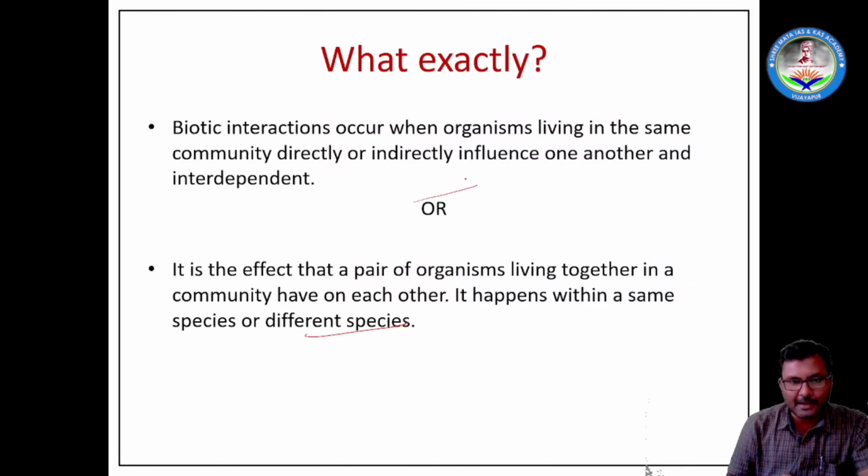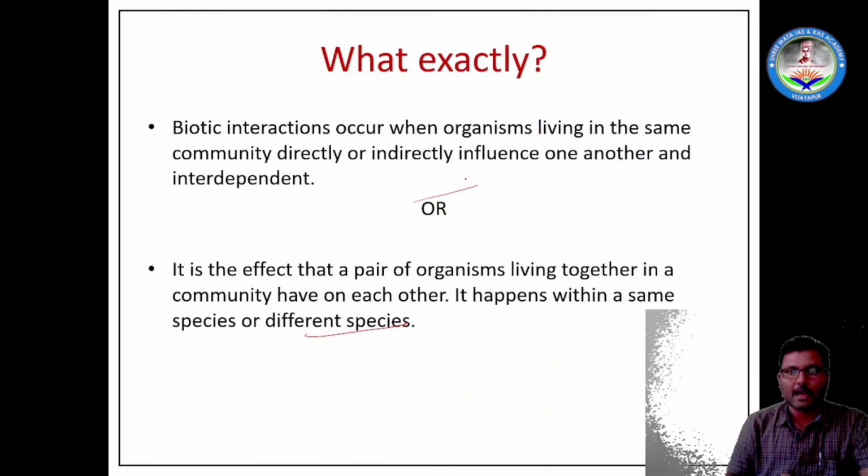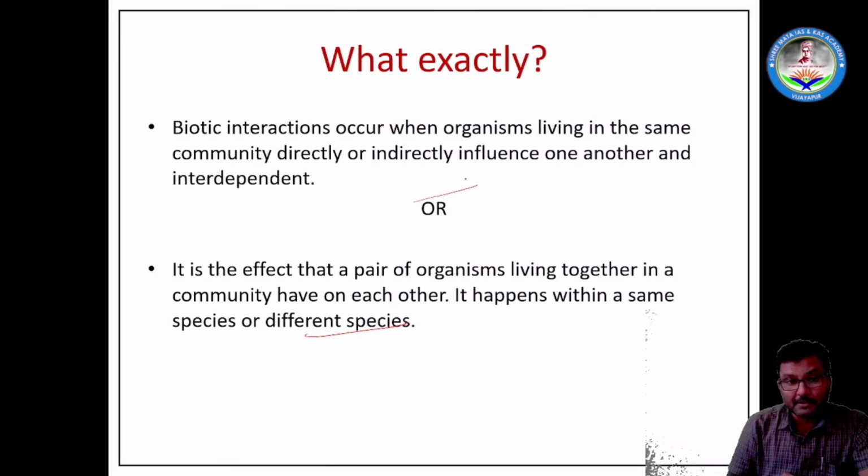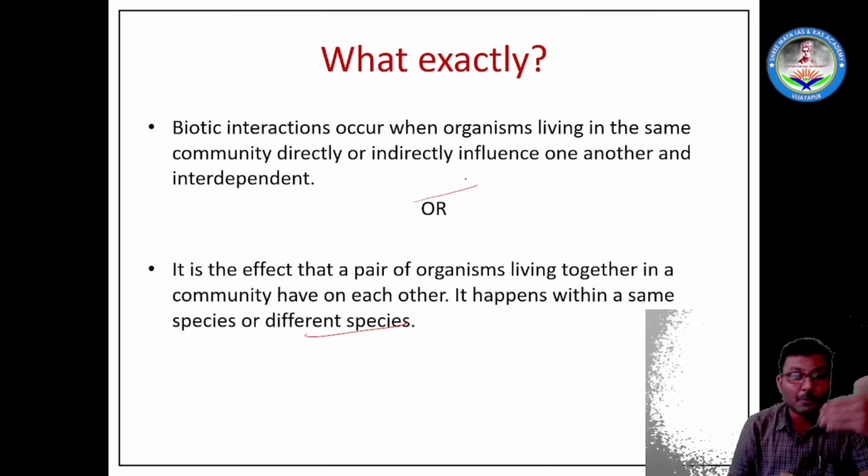Like I told you earlier, we have to give and we have to get. Mutual cooperation happens, or sometimes we have to force others to get food, or we have to kill others to get food. We have to annihilate some other to get what we require.